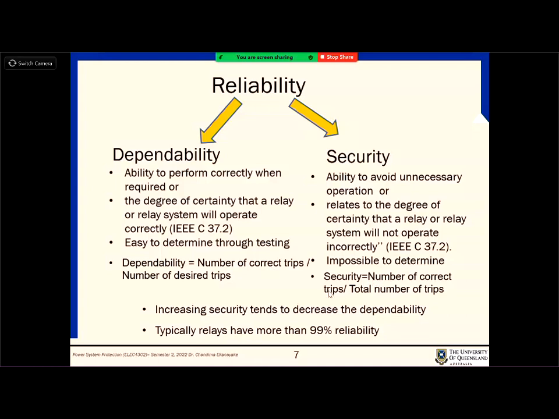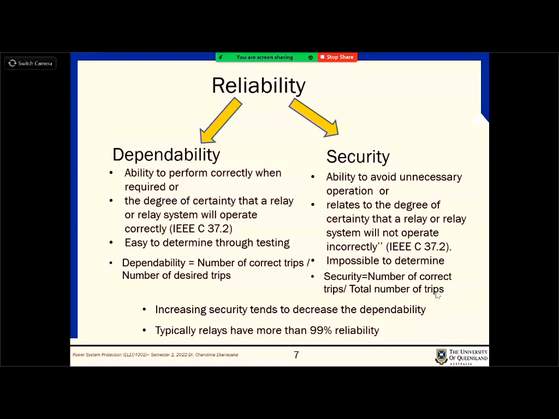The number of correct trips, again the same as here, divided by the total number of trips. So if you have 50 trips and only 49 are correct ones, then there was one wrong trip.